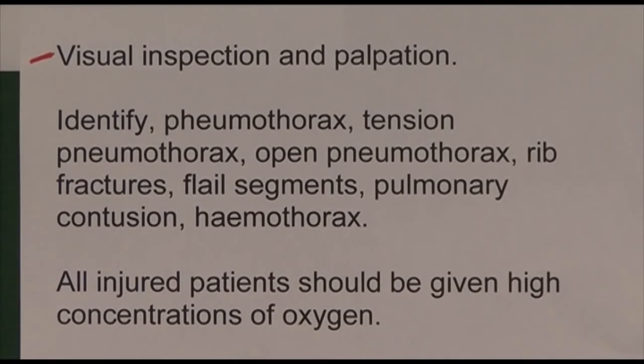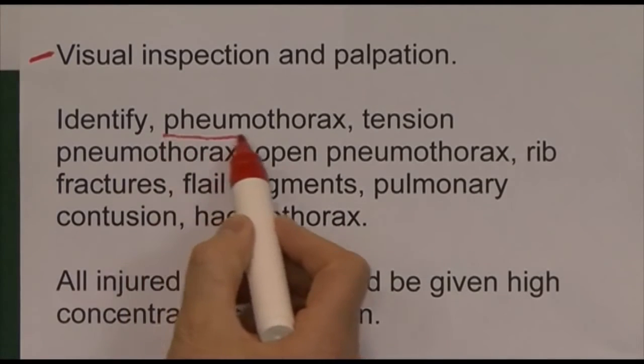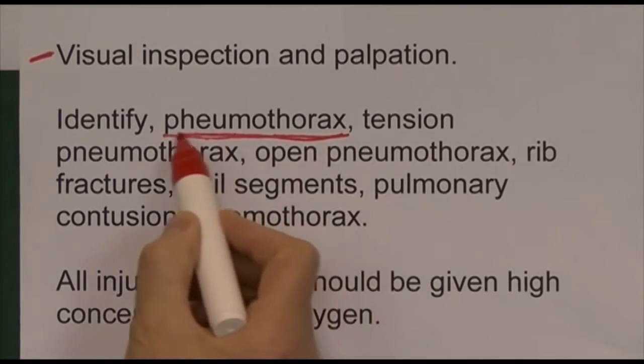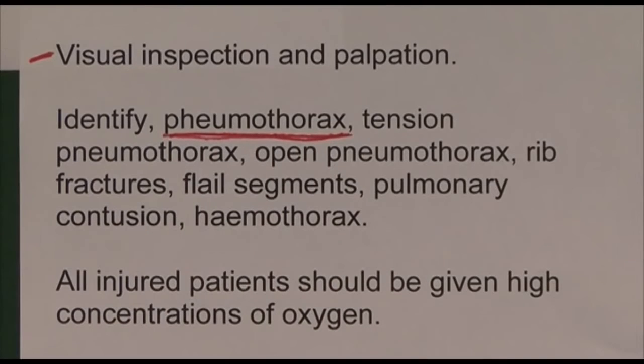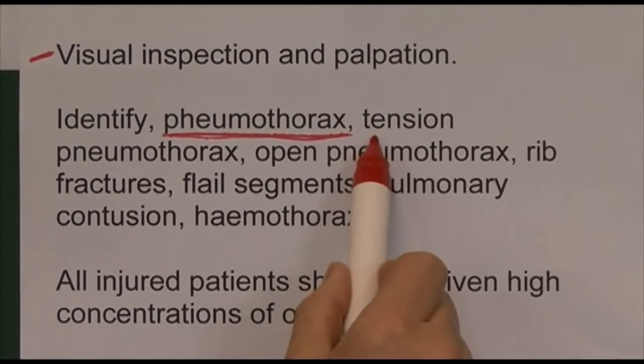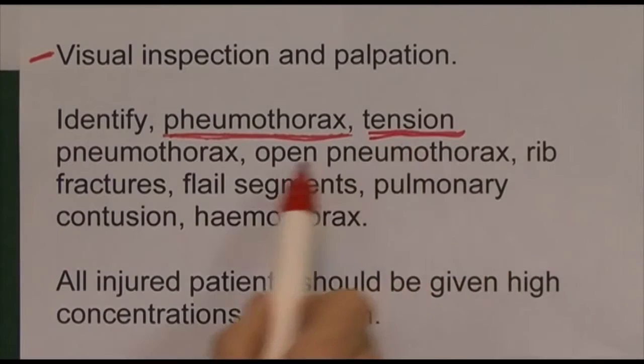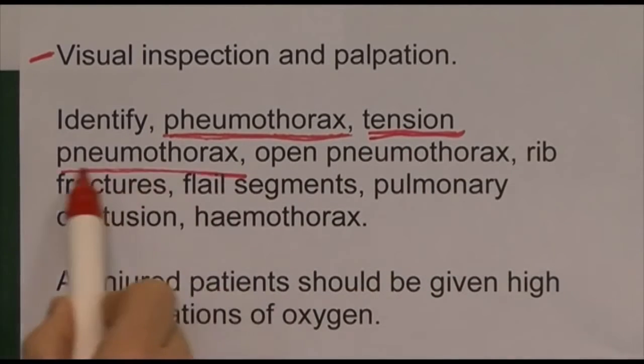And what sort of injuries might be compromising breathing and ventilation? Well, pneumothorax is air in the pleural cavity. The potential space becomes an actual space. That's a possibility. Now, if there's a flap of tissue, that means air can get into the pleural space but can't get out.